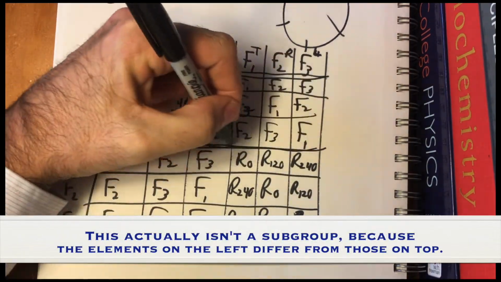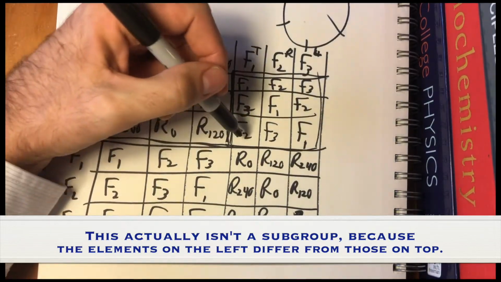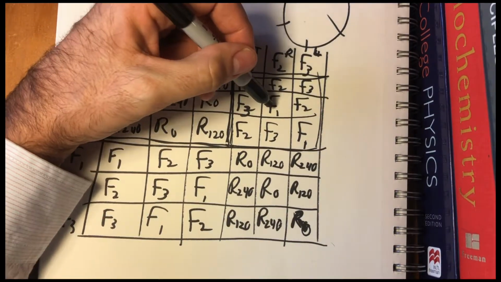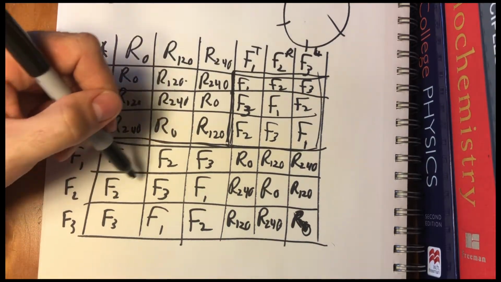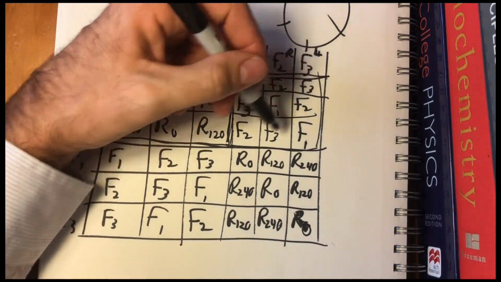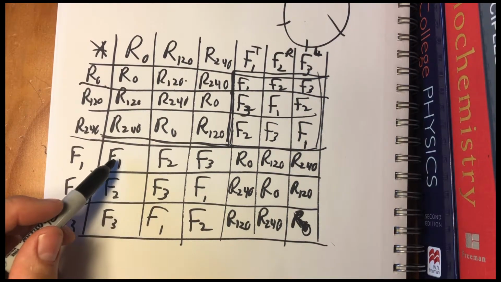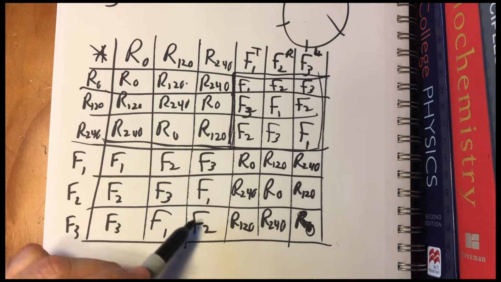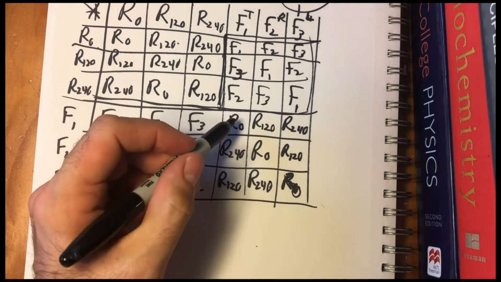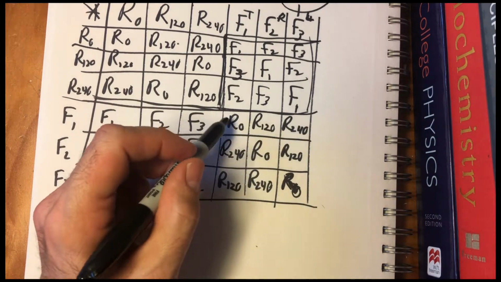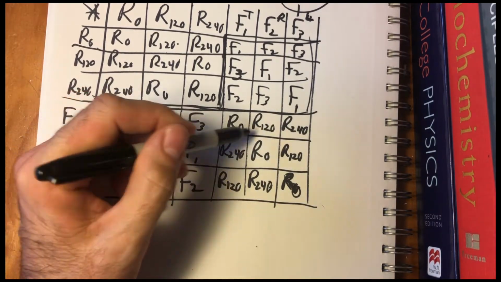The real question is, is this a mirror image of this? But you can see that it's not because it's F2, F3, F1, F3, there's F3, and then these two are both F2, but these are something else. But here, this part is symmetric, right? 1, 1, 2, 2, and all threes. And here we have the identity down the middle, but this again is not symmetric because it's 240.